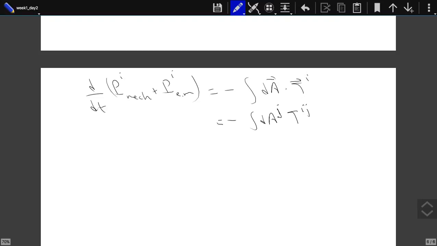Tij is the momentum flow per unit time through an area, or the momentum passing through unit area per unit time. But momentum per unit time is nothing but force. So this is nothing but the force per unit area, Tij.